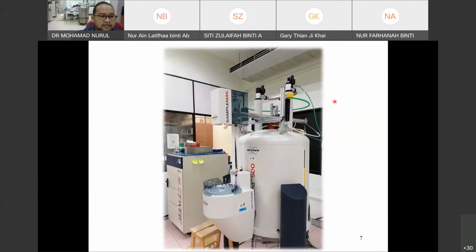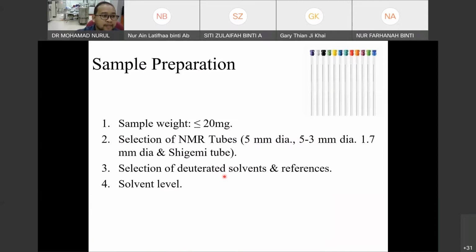This is a close-up of the NMR. We have the auto sampler here, where we can put around 24 samples. For sample preparation, usually we weigh not more than 20 milligrams.